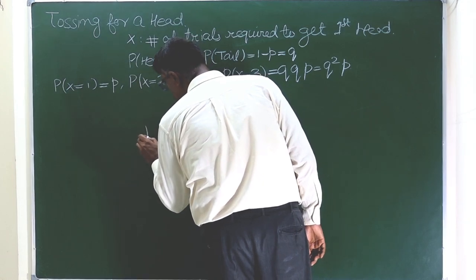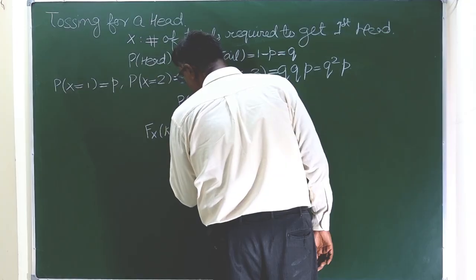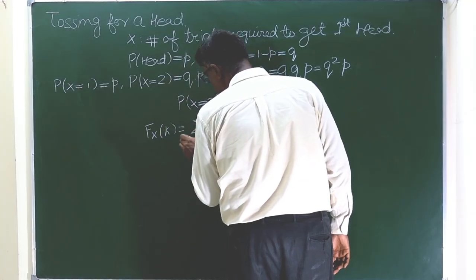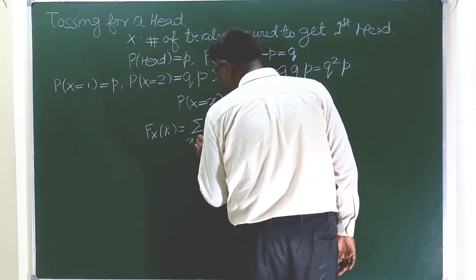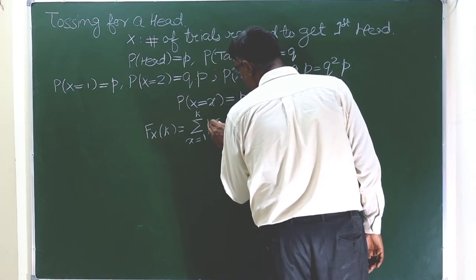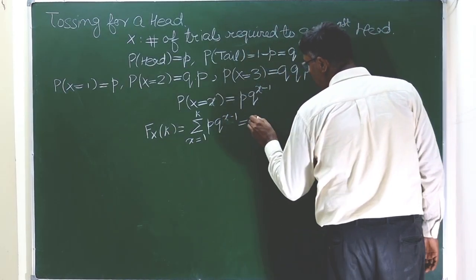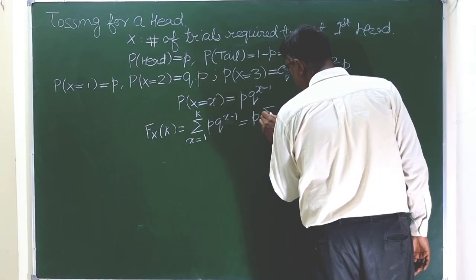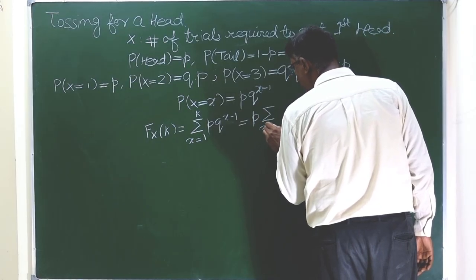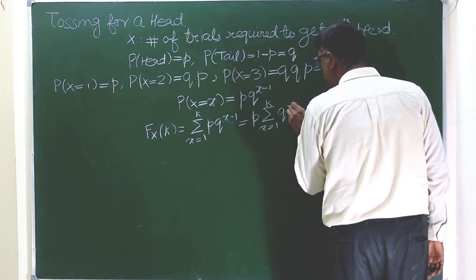Now let's write the distribution function of this. The distribution function F of x at a point, say, k, is defined as the summation of x taking values from 1 to k of p q to the power x minus 1. So we can take p outside the summation, for x equal to 1 to k of q to the power x minus 1.